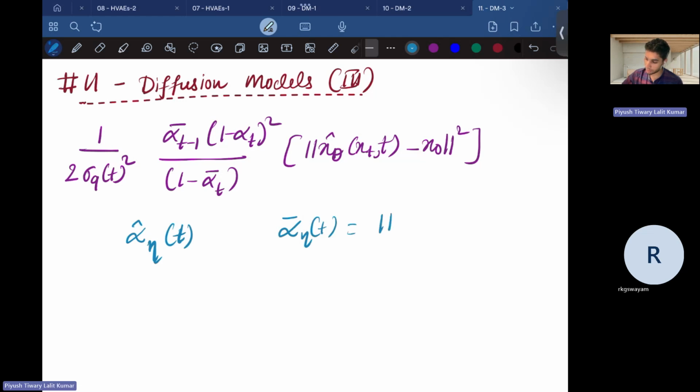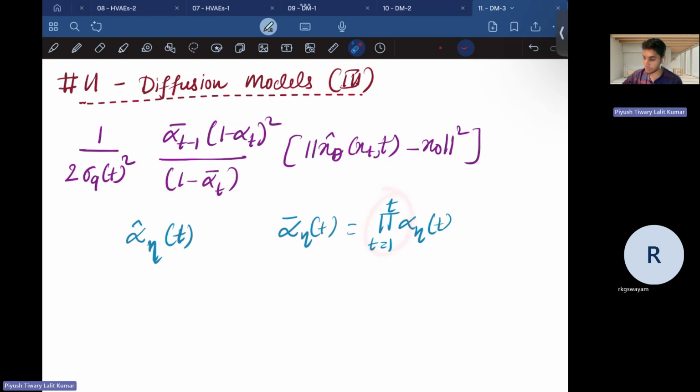This is equal to the product of alpha eta of t, for t equal to 1 to t. Now, see that this is a bad choice because if you want to calculate alpha bars, you will have to go through all the time steps.